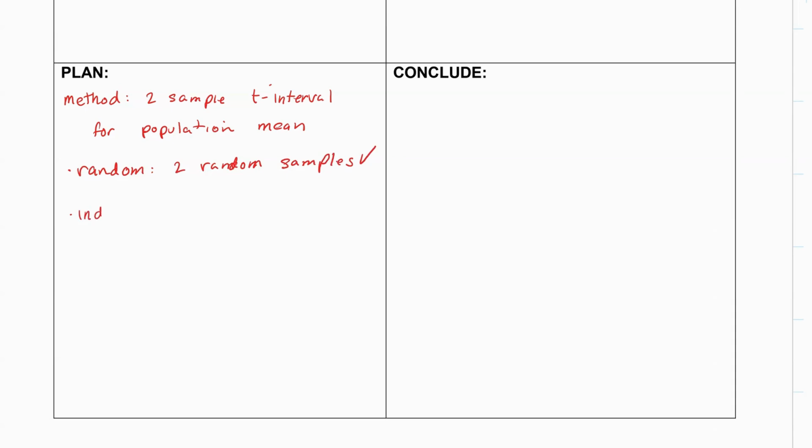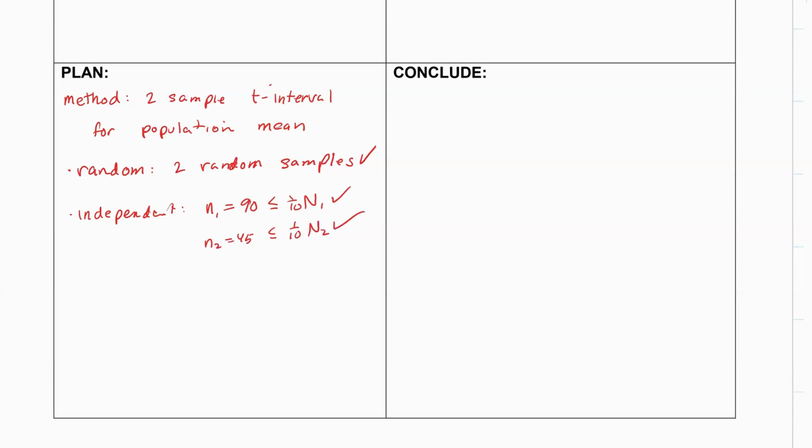For our independent condition, we need that sample 1, which was 90, must be less than or equal to 1/10 of the population of all wheat prices. And we're going to assume that's true. And 2 was 45, and it needs to be less than or equal to 1/10.